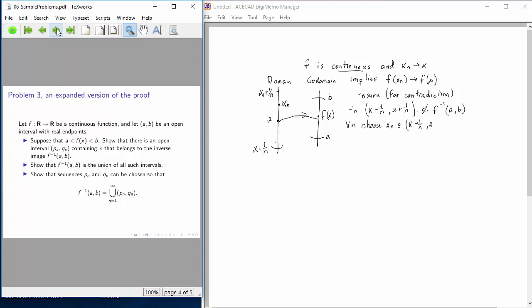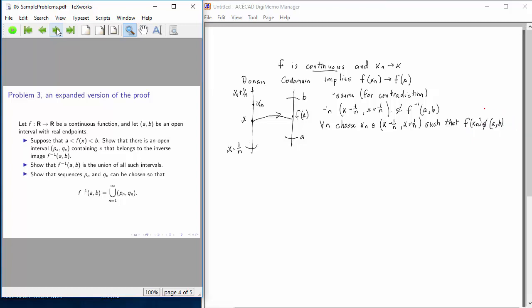It's in the interval such that f of x sub n is not in the interval from a to b. In other words, f takes x sub n outside the interval. Okay, what does that mean?